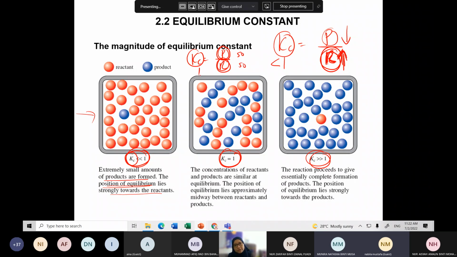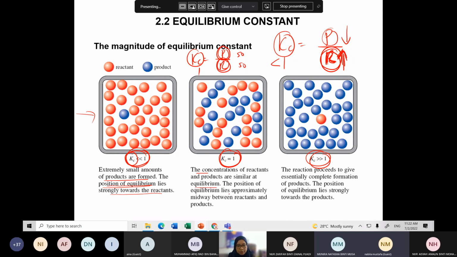Okay. So apa maksud dia? What does that represent? Maksudnya at equilibrium, the concentration of product and the concentration of reactant are almost the same. Okay, so how about the position of equilibrium? Position of equilibrium dia tu sama lah. The rate of forward and the rate of reverse reaction are the same. Okay, baca dia punya statement. The concentration of reactant and product are similar at equilibrium.